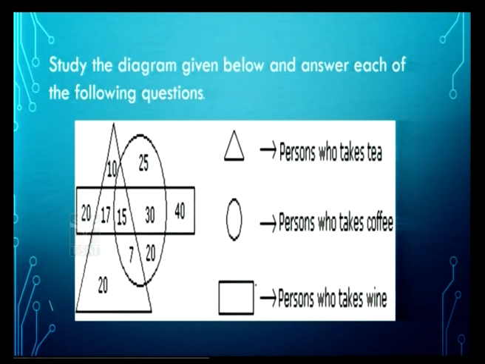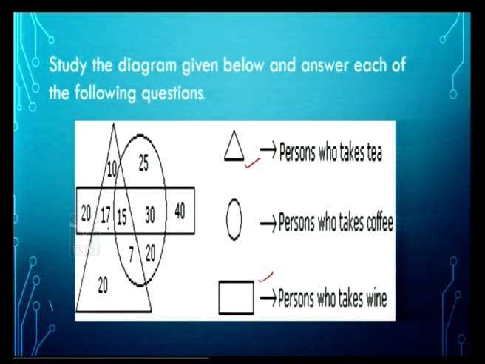They have to take wine, which comes under the rectangle, but they have not taken coffee. So, it comes under the triangle and the rectangle, but it should not come under the circle.